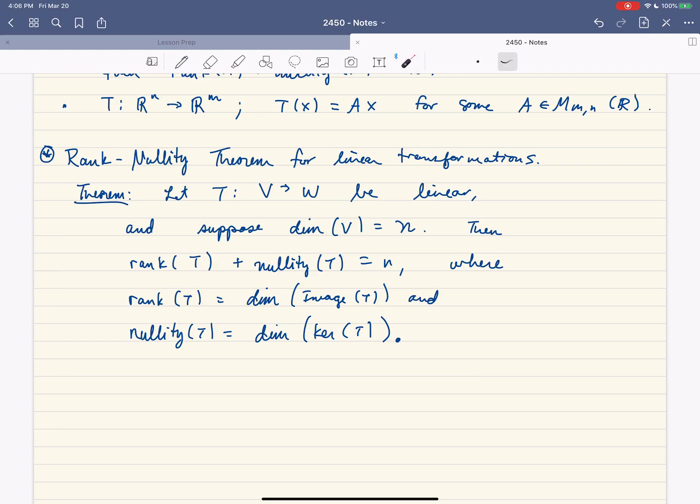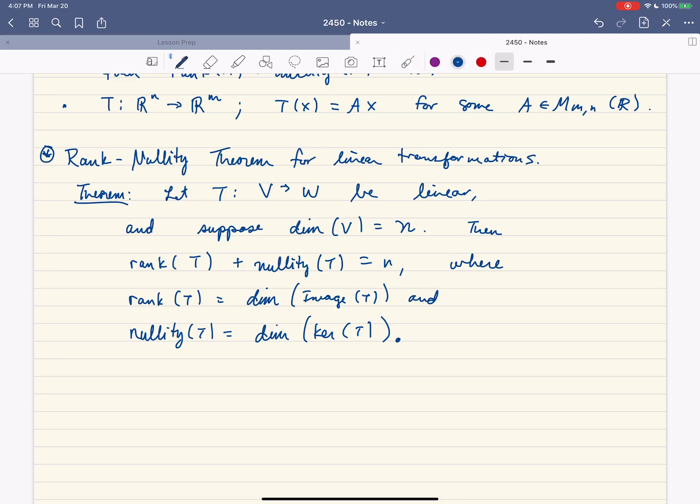We proved that the kernel of T is a subspace of V for general linear transformations. We did not prove that the image of T is a subspace of W, although you can check that that's true. Okay, and you should check that that's true.